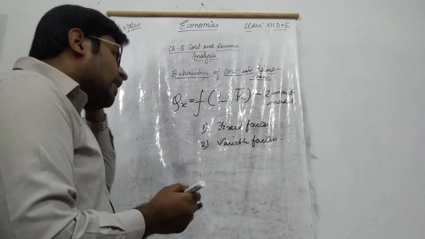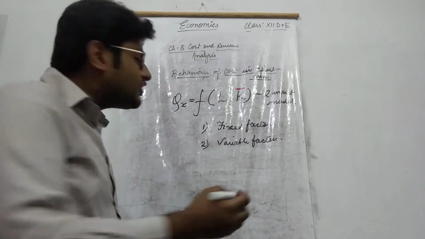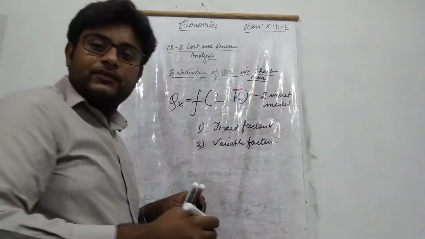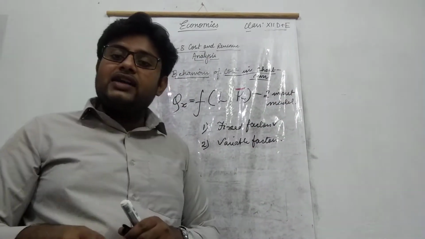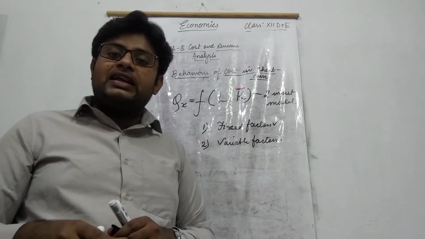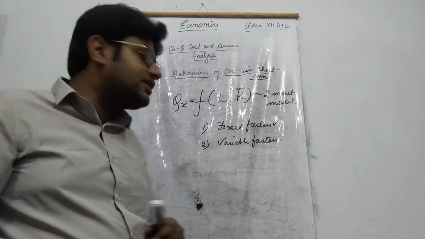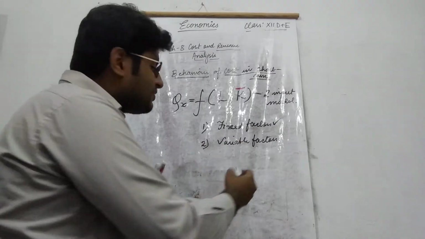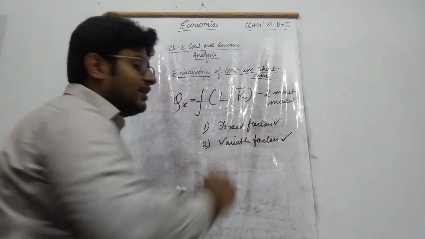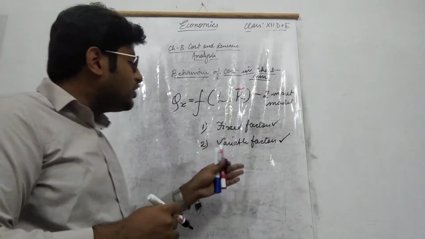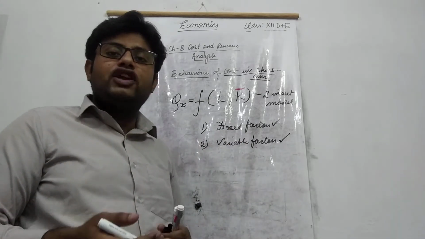So the producer has to incur some cost on the fixed factor as well, on the machinery, on the plant he has, the office building that he has, the factory premises that he has, and he has to incur expenditure on the variable factor as well. Alright, he will not get both these factors free of cost.